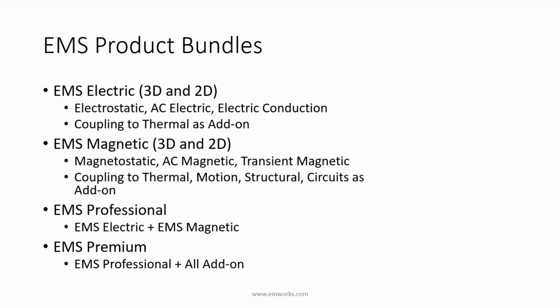We also combine these products and we have EMS Professional, where both EMS Electric and EMS Magnetic solvers come embedded. And we also have EMS Premium, where everything that you can conceive of using EMS for is available. So this is how our products are bundled.